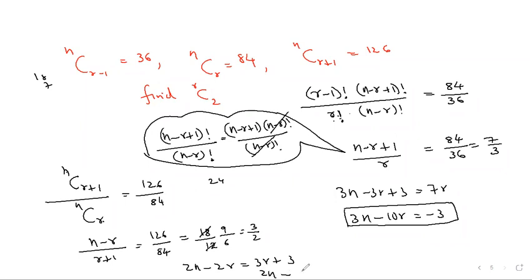So 2n minus 5r is equal to 3. Is it right or wrong? Yes, I got the same.